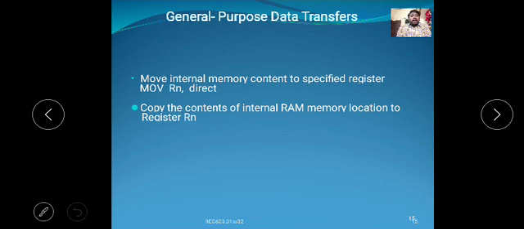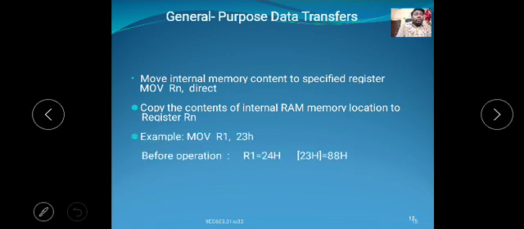Example, MOV R1, 23H. Before operation, R1 is equal to 24H and 23H has the value 88H.